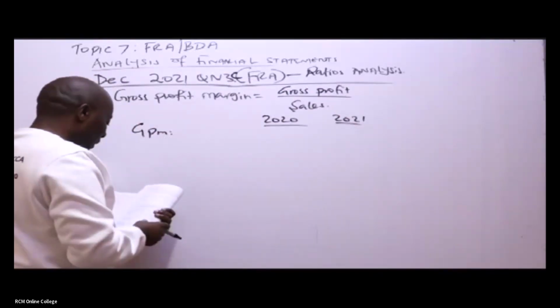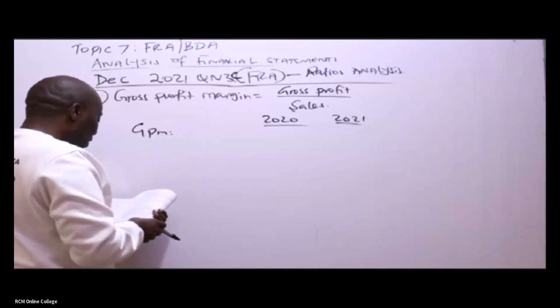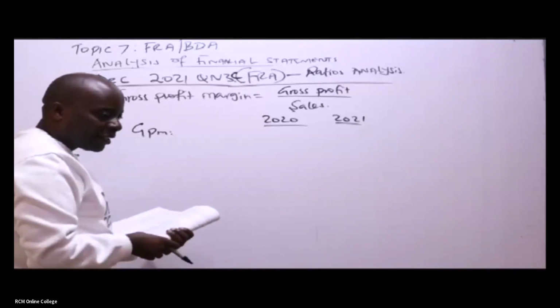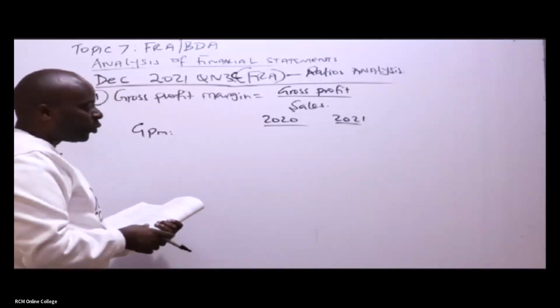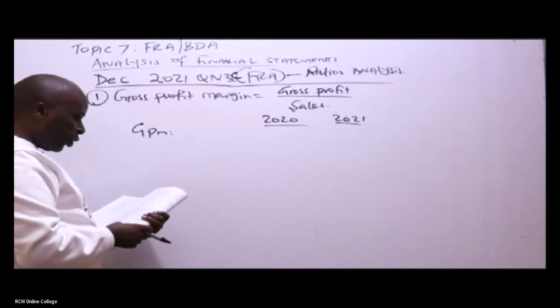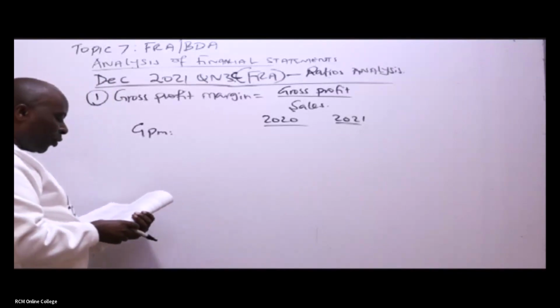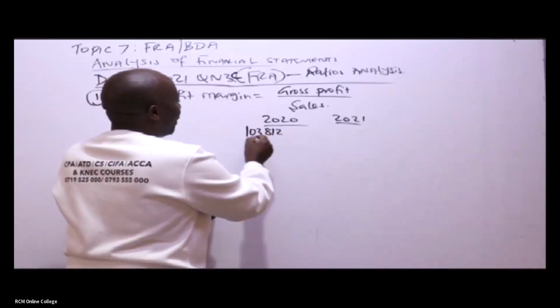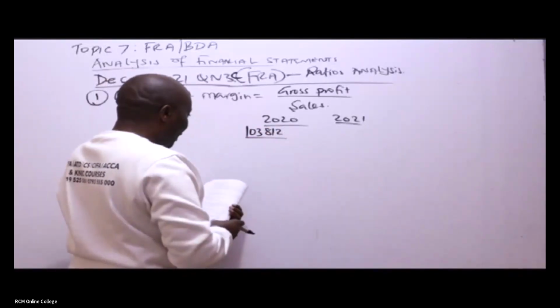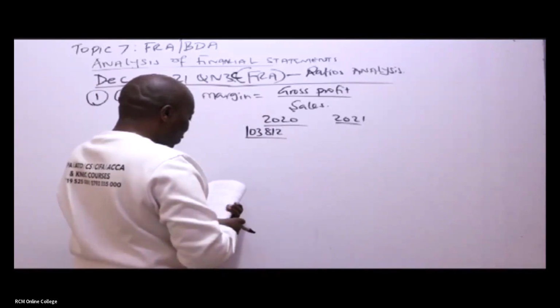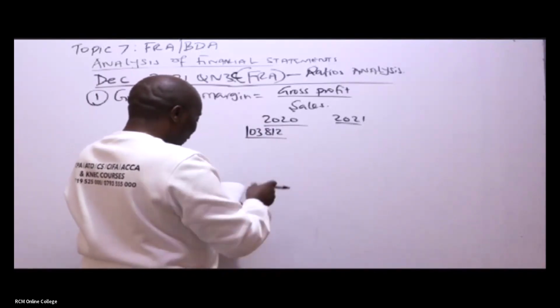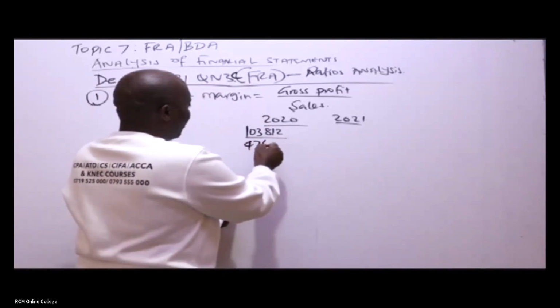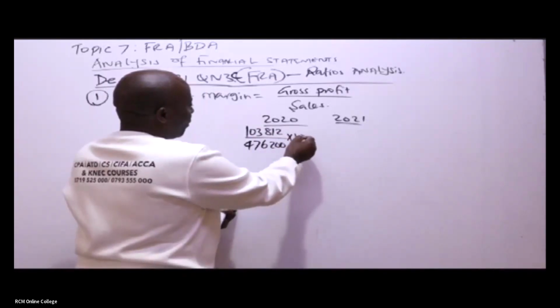For 2020, I can see the gross profit is 103,812. Divide this by the sales revenue for 2020, 476,200, times 100.